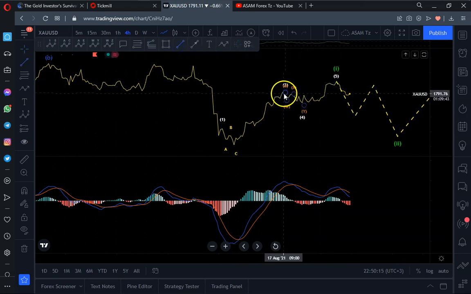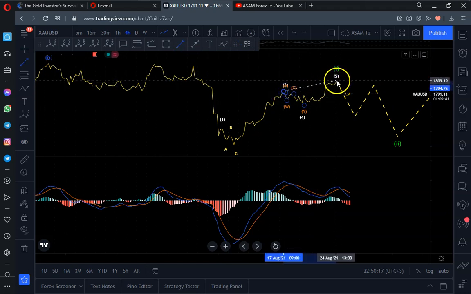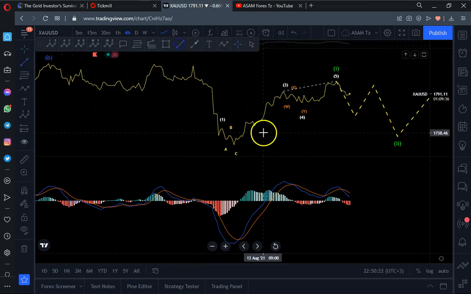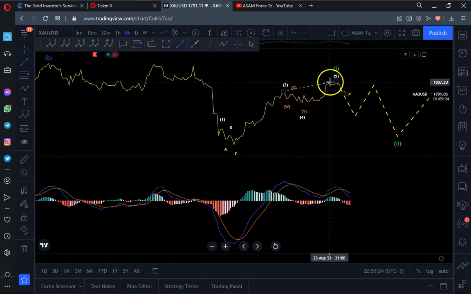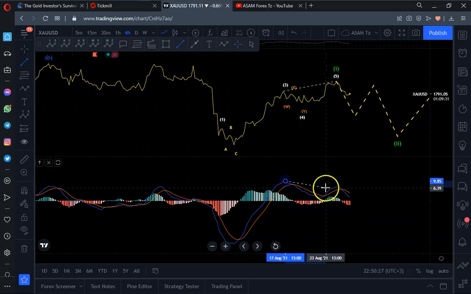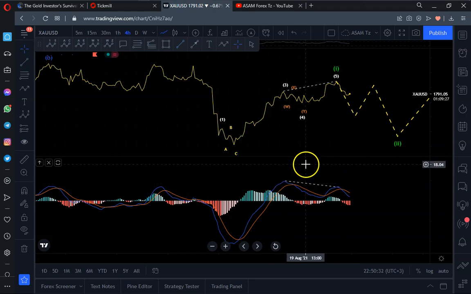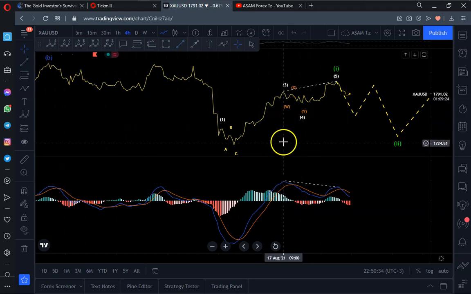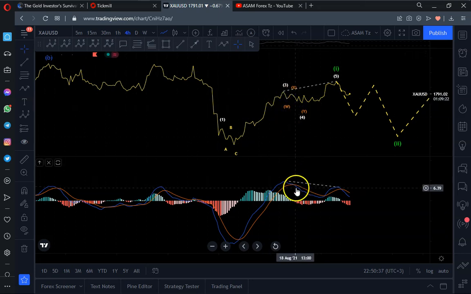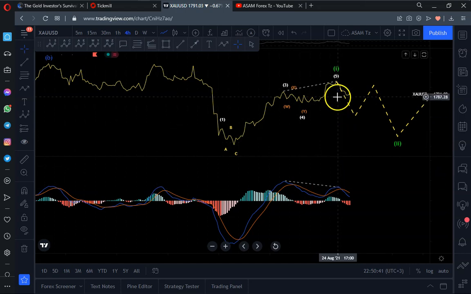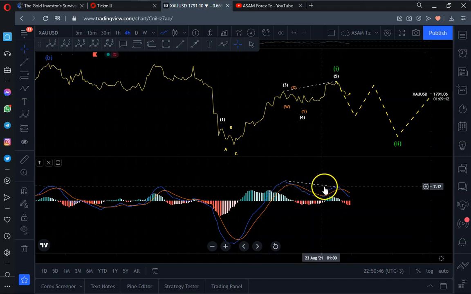So at the same point in the price chart, we have a higher high, but at a similar point in MACD we have a lower high. So this is what we call divergence. The corresponding points in MACD and the price chart are moving in opposite directions. Higher highs in the price chart, lower high in MACD. This is what we call divergence.